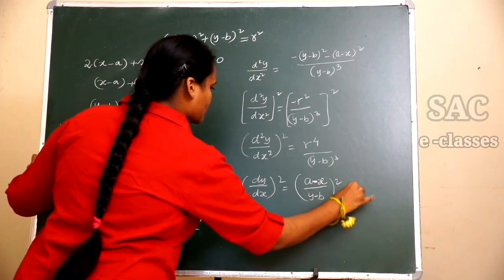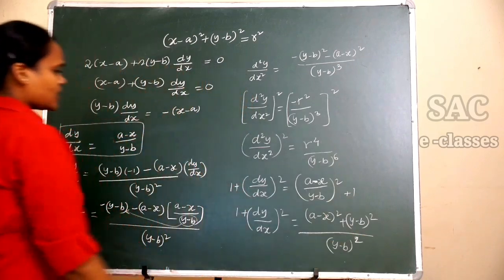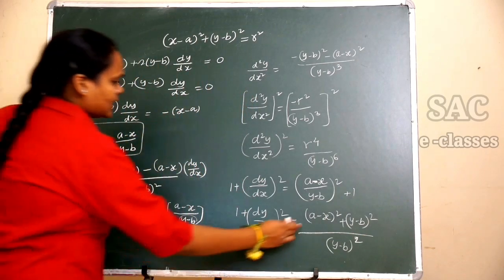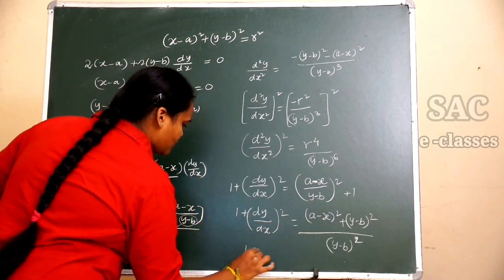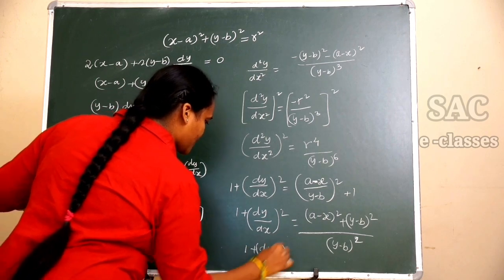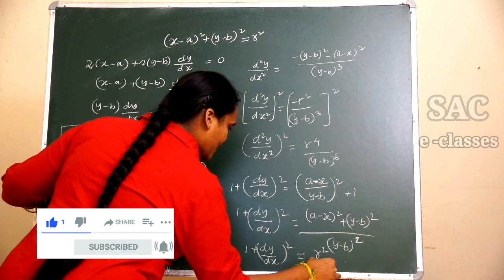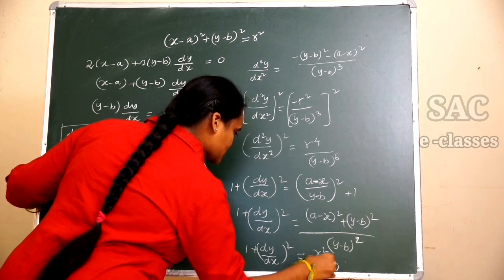Let me add 1 on both sides. So clearly here I have got 1 plus dy by dx whole square is equal to r square by y minus b whole square.